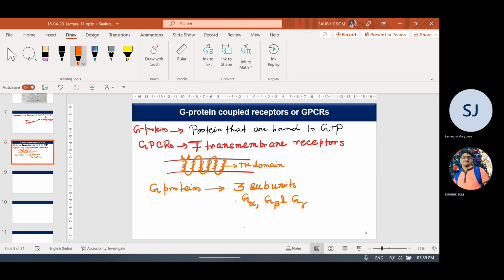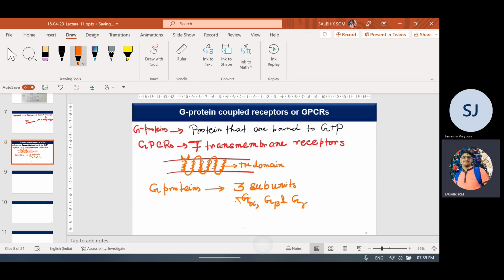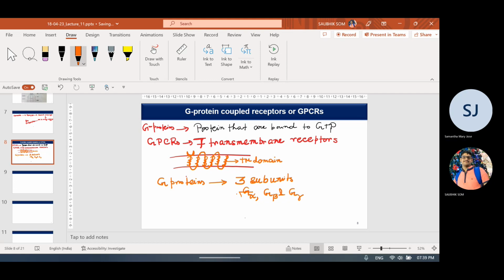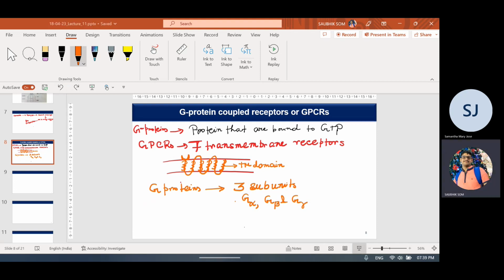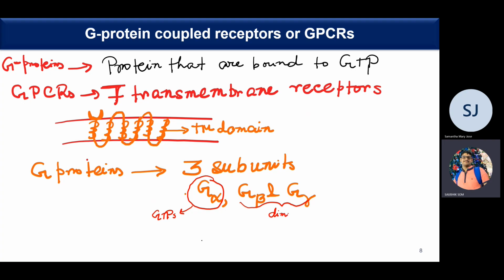In most of the cases, this G alpha protein is bound to the GTP, and G beta and G gamma generally form a dimer. They generally act as a dimer.